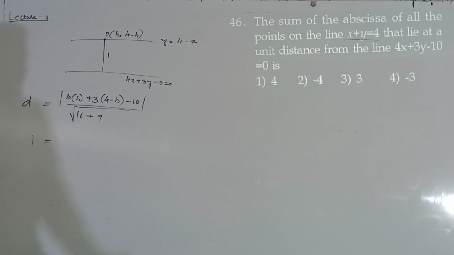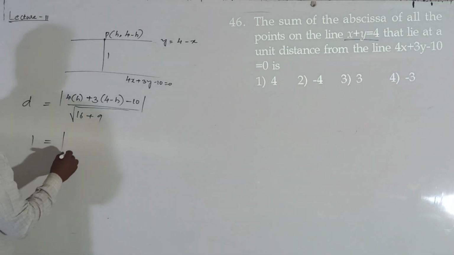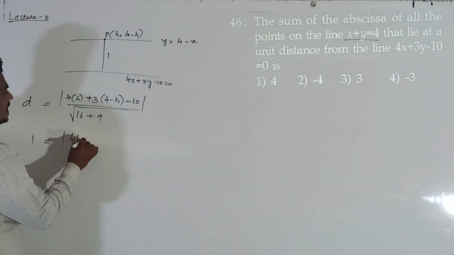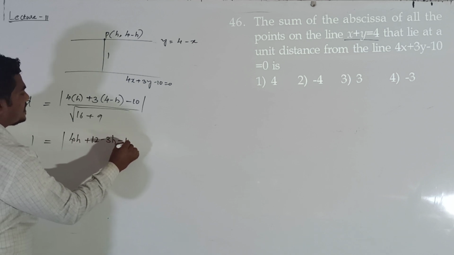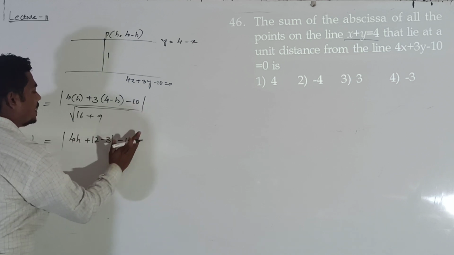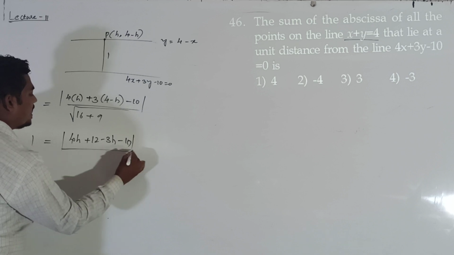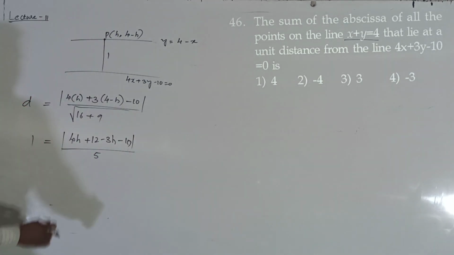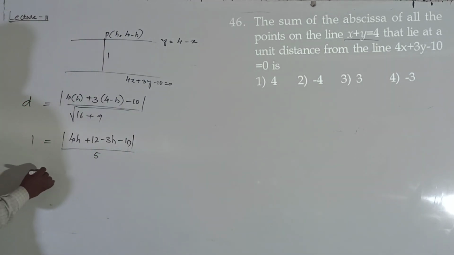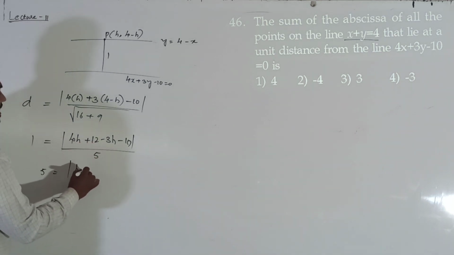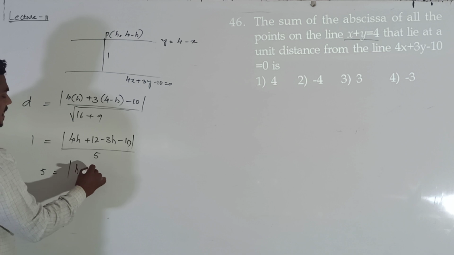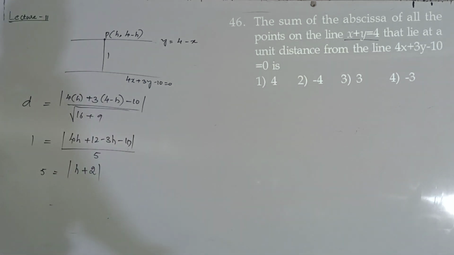Unit distance means d value is 1, modulus of 4h plus 12 minus 3h minus 10, right, divided by 5, then just cross multiplication. 5 is equal to modulus of h plus 2, right.